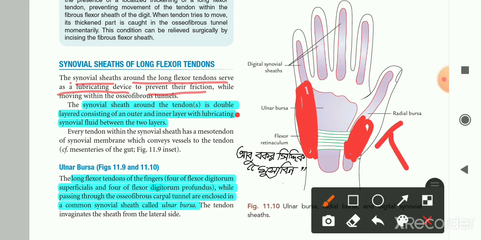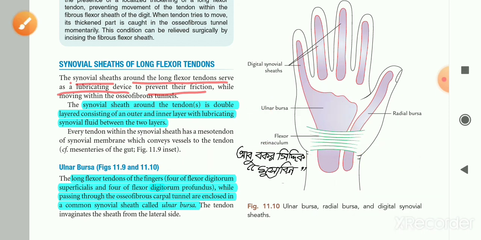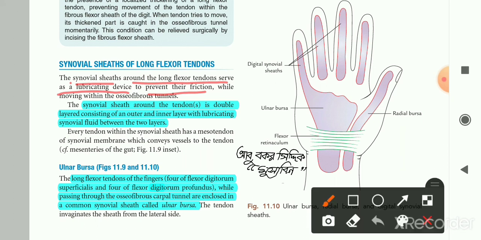So this is thenar, this is hypothenar, and there are some worm-like structures called lumbrical muscles, and there are some interosseous muscles: the palmar interossei and dorsal interossei. Interosseous means located between bone structures. So the interosseous muscles are located between the metacarpal bones. In the palmar aspect, they are called palmar interossei, and in the dorsal aspect, dorsal interossei.